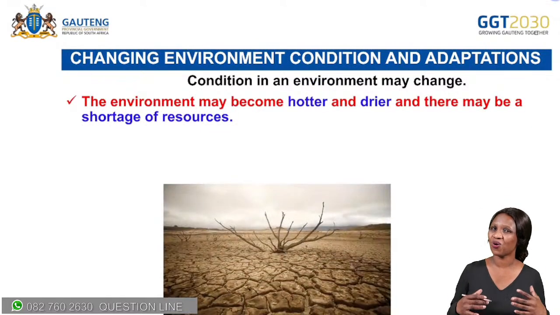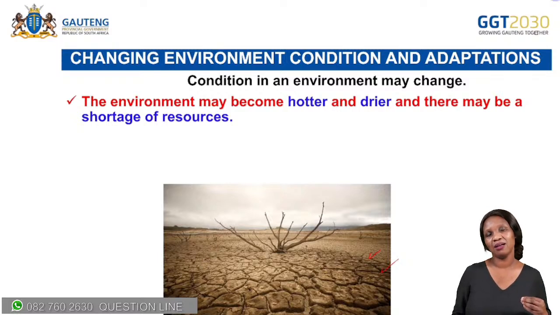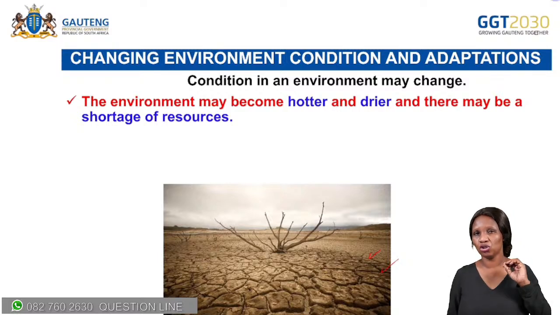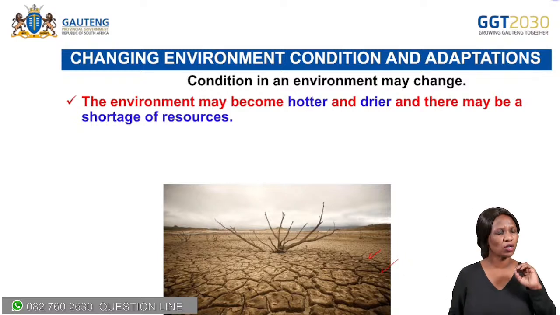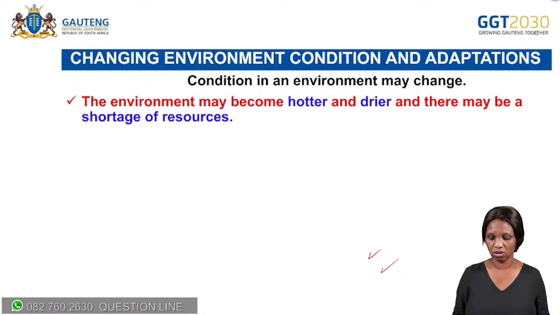Why? Because it is dry. You can tell that there were floods here. That is a condition that may make species not to thrive in that environment because it is one of the extreme environments. Okay.